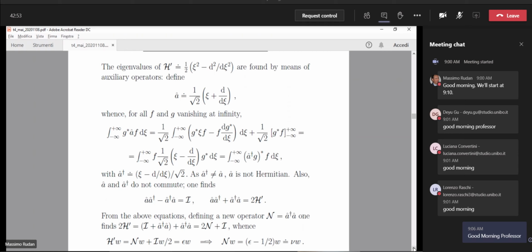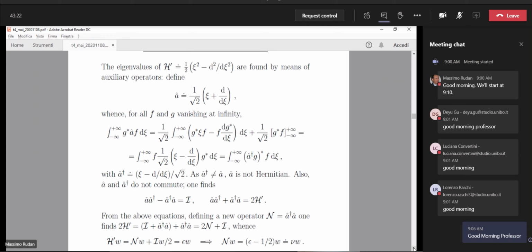So this is important because, of course, the operation of factorization works differently than in the case of numbers, okay? But anyhow, we have obtained operators that are of the first order, because both a and a dagger contain only the first derivative, so they are first order operators.